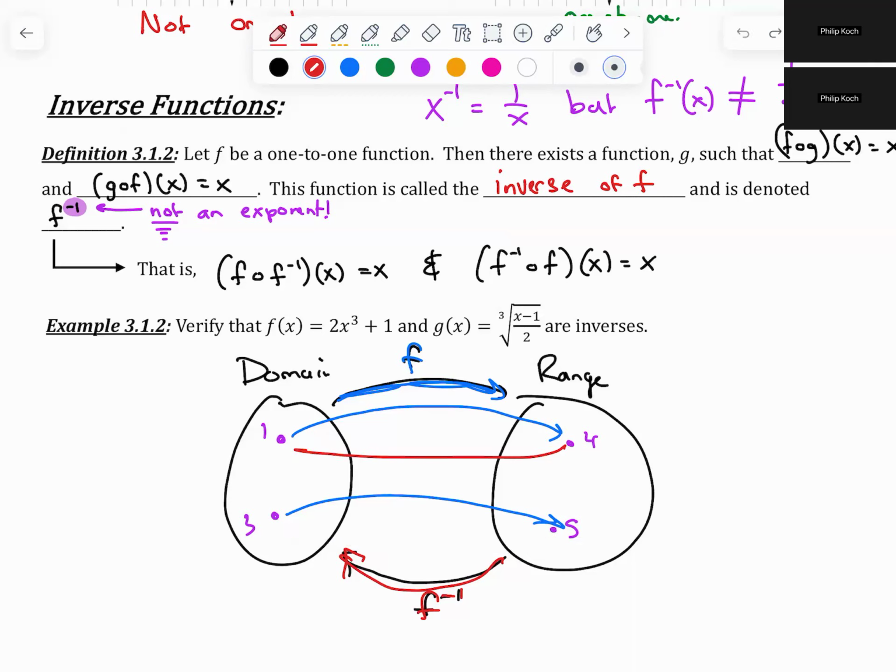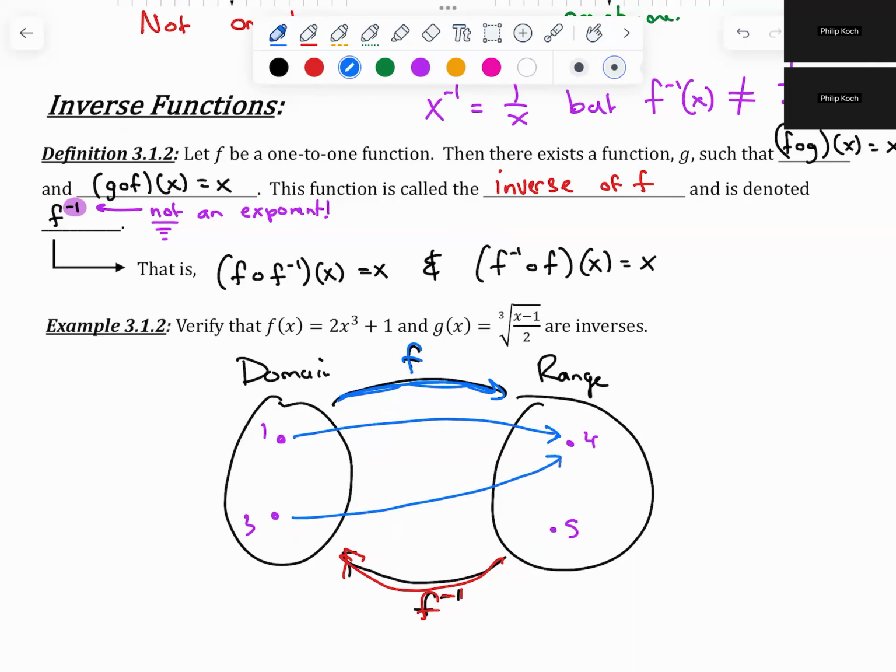And this is the reason why we need to have a one-to-one function. This is an example of not a one-to-one function. The x value 1 and the x value 3 both get sent to 4. But now if you're going backwards, one value is being sent to two different things, making it not a function.